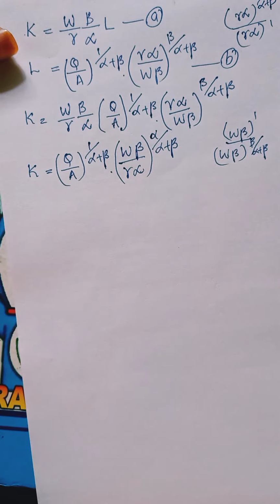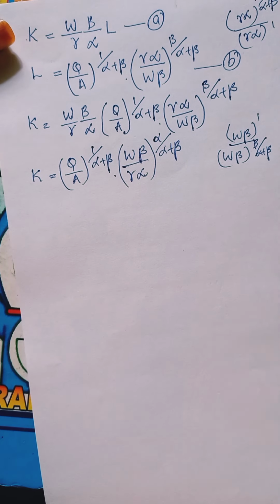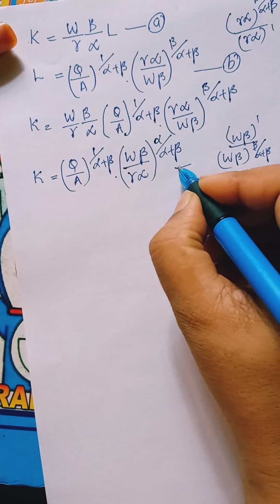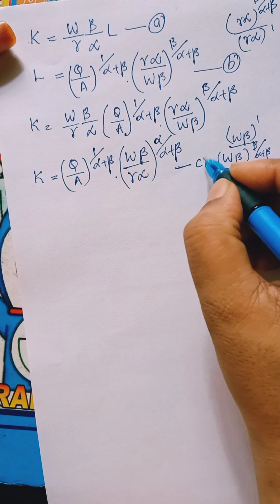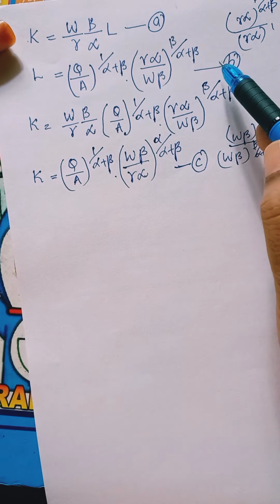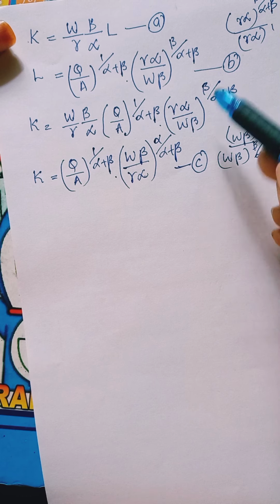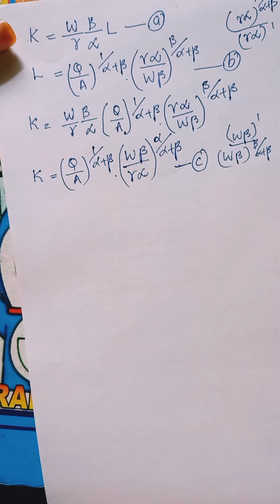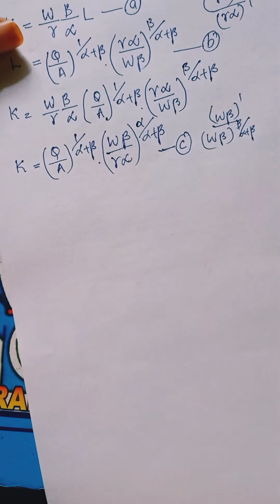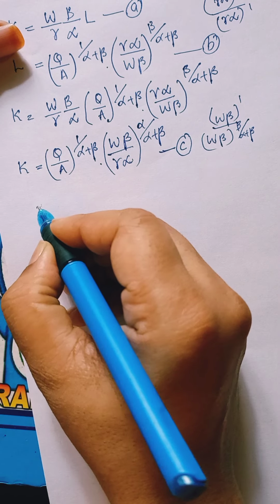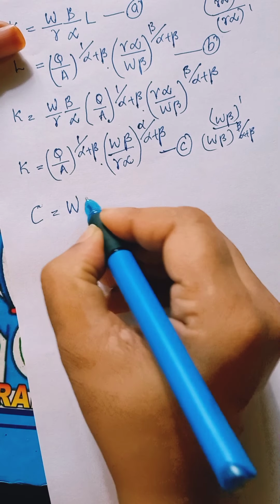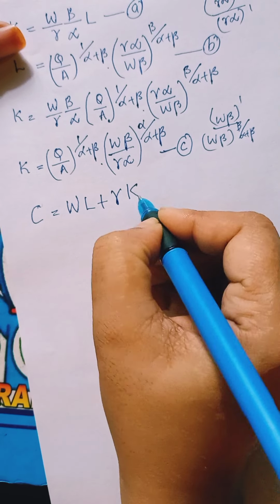Therefore we obtain K. Let us denote this equation as C. Then we have labor and capital, and now we substitute this labor and capital into our cost equation. That is, cost is equal to WL plus RK.